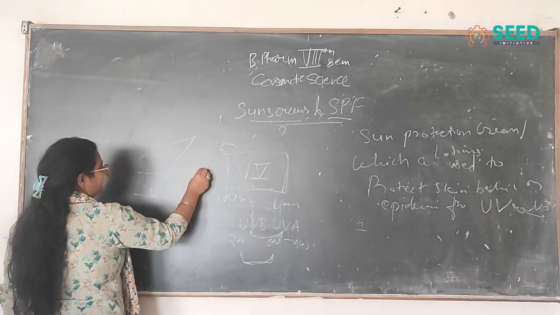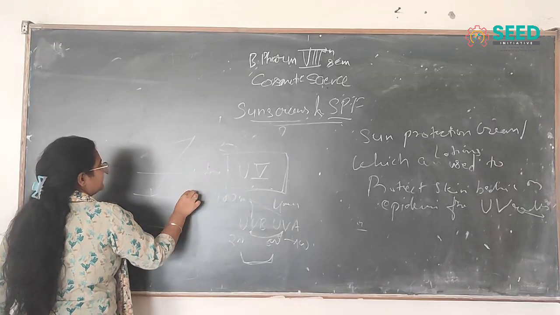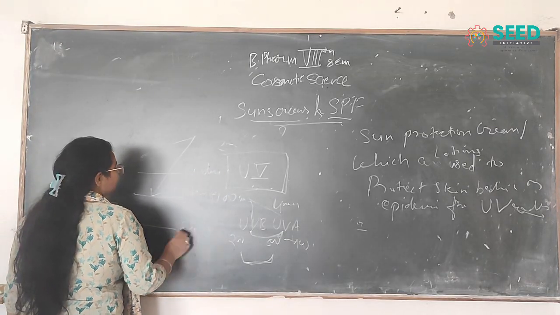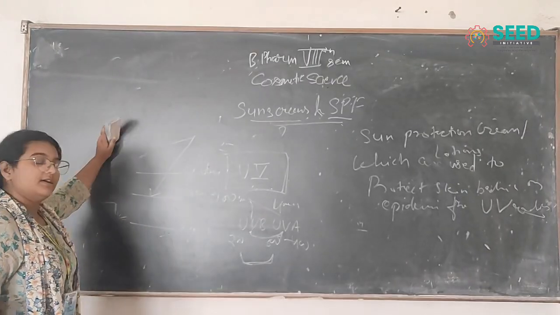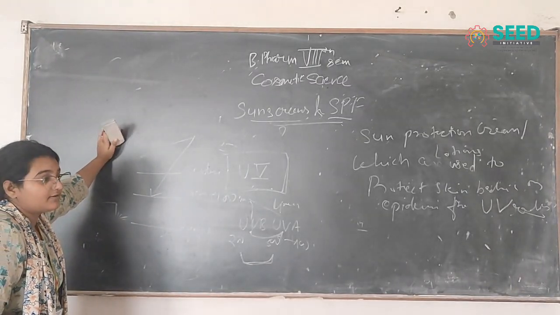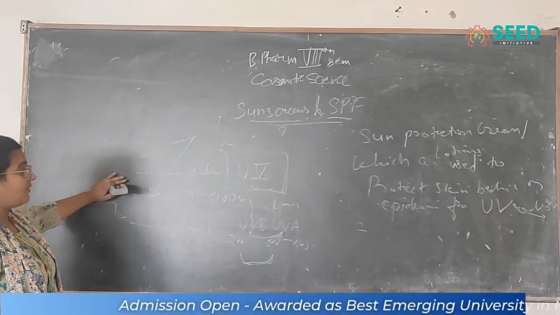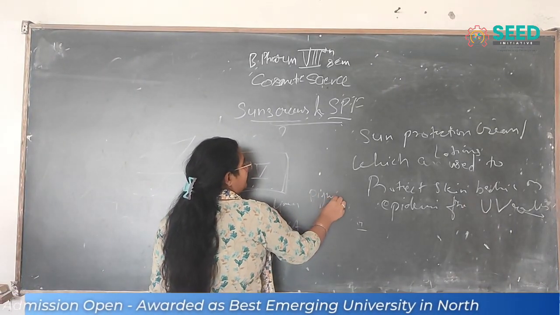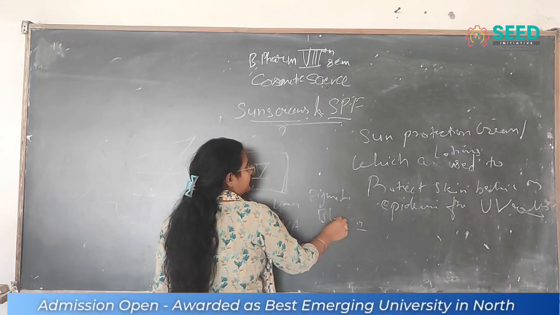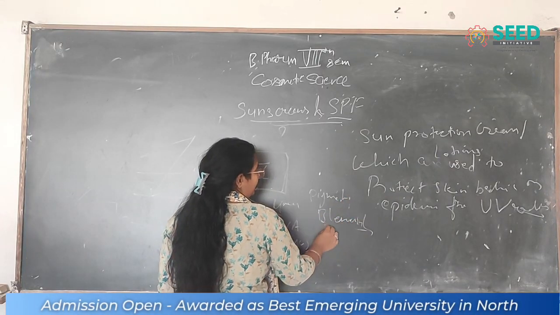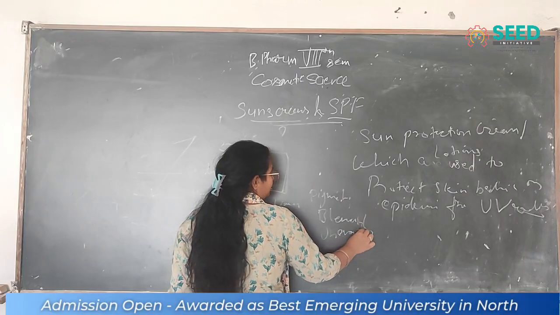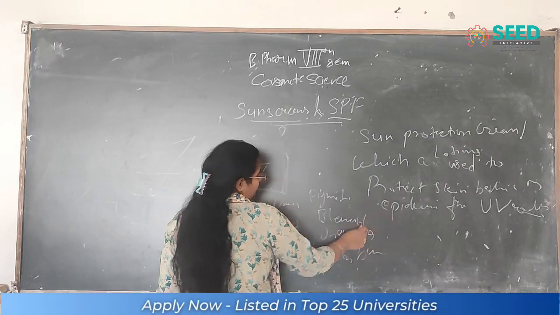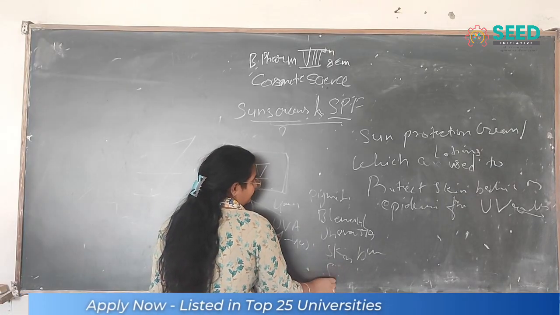It is the epidermis, dermis and hypodermis. So they penetrate deeply into our skin layer. Now what do they cause? They cause pigmentation, blemish, uneven skin, skin burn, and skin cancer.